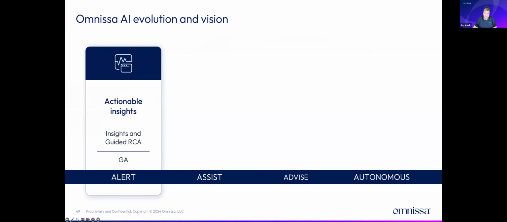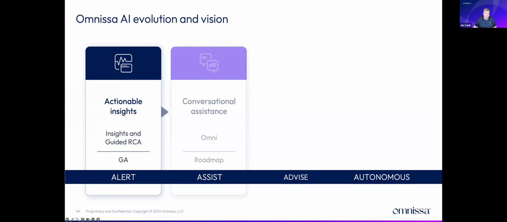Now, the next thing we're doing is conversational assistance, something we're calling Omni. Its roadmap delivery, I'm going to call first half of next year right now. I have a better idea of the timing on that, but it's not anything I can share yet.